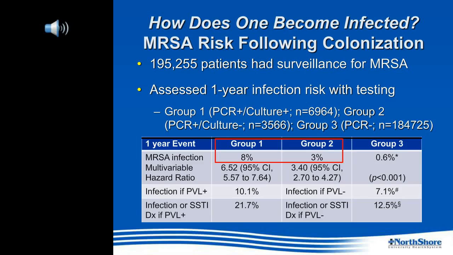So this does represent some patients that are carriers of MRSA, but don't have to be culture positive in the nose. And the takeaway from this is that the greatest risk for MRSA infection is becoming colonized with this organism.